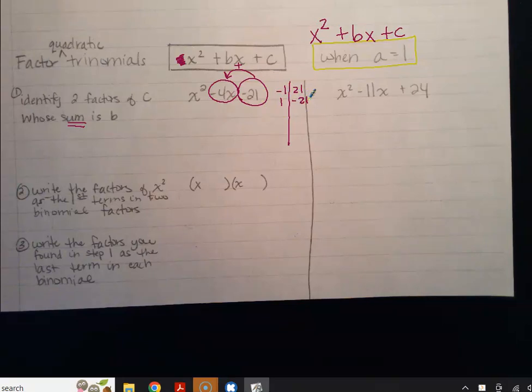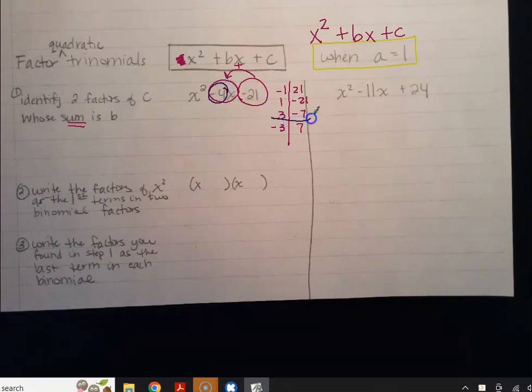In all fairness, we'll write those out because they have a different sum. So then we could have 3 and -7, or we could have -3 and 7. Are there any other ways to get 21? No, there's not. So which of these gives me a sum of -4 if I add them?